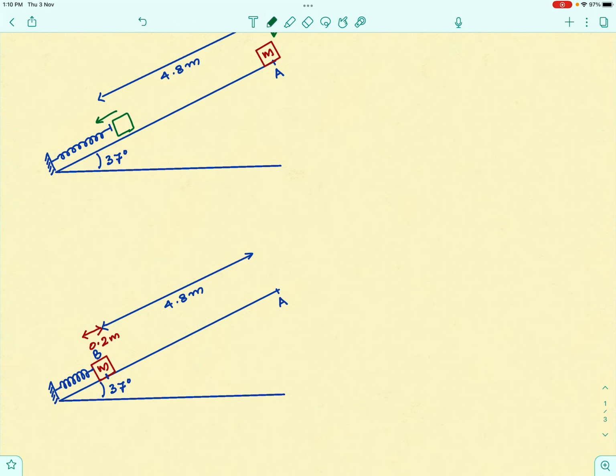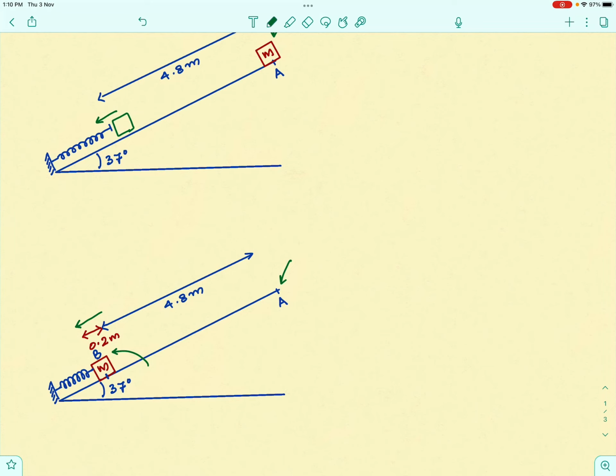According to the question, the block, as it compresses the spring fully, compresses it by a distance of 0.2 meters. So, we understand that the total distance starting from the position A, from where the block started off, to let us say the position B where the block stops for a moment, the total distance travelled by the block will be 4.8 meters plus the extra 0.2 meters, that is 20 centimeters, which the block presses the spring by.